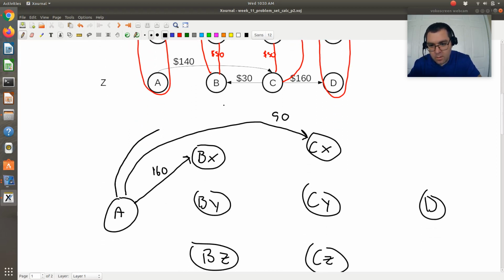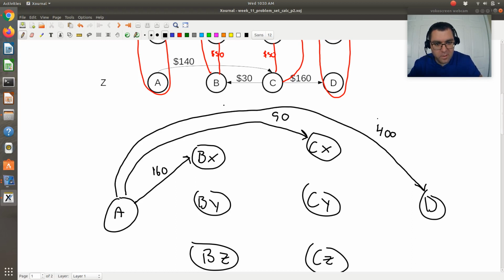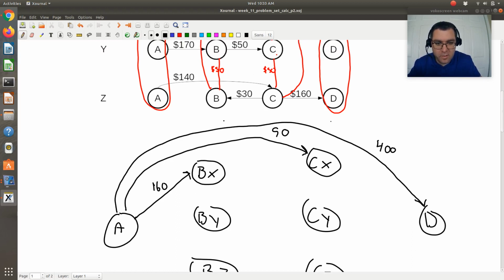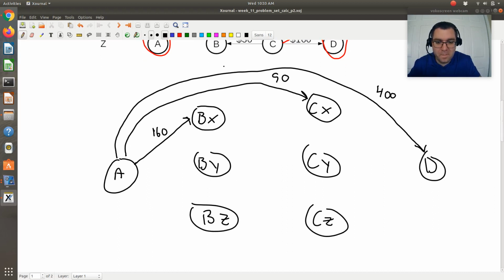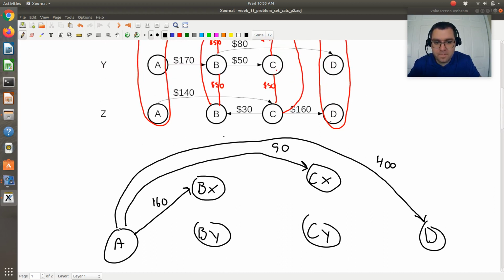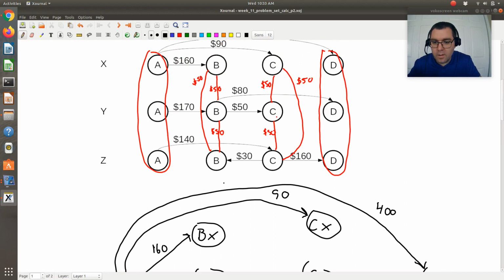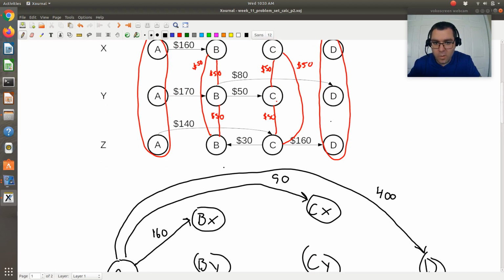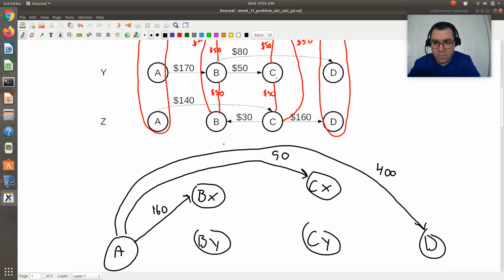And so I'll be able to differentiate that one. That's $400. Once I set it up, I'll see if all these variables make sense and work out for me. Then I have airline Y. In airline Y, I can go from A to BY, at a cost of $170.